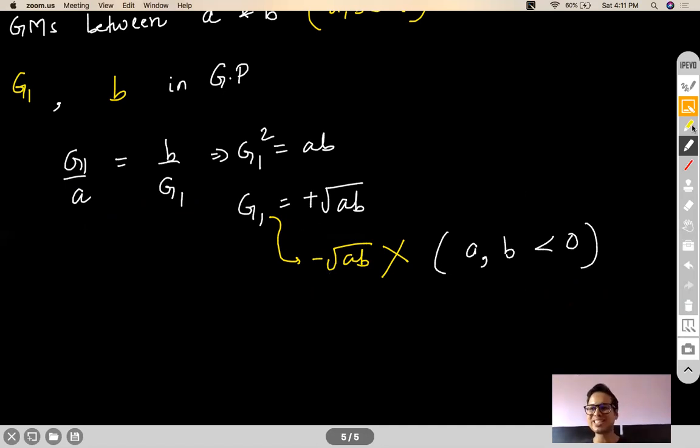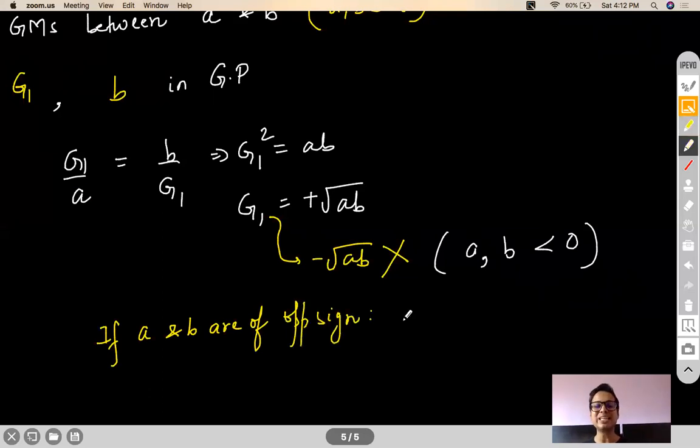Now I know what question is running in your mind. What if they are of opposite signs? Is that question running in your mind? So if A and B are of opposite sign, please note that the geometric mean is not defined.